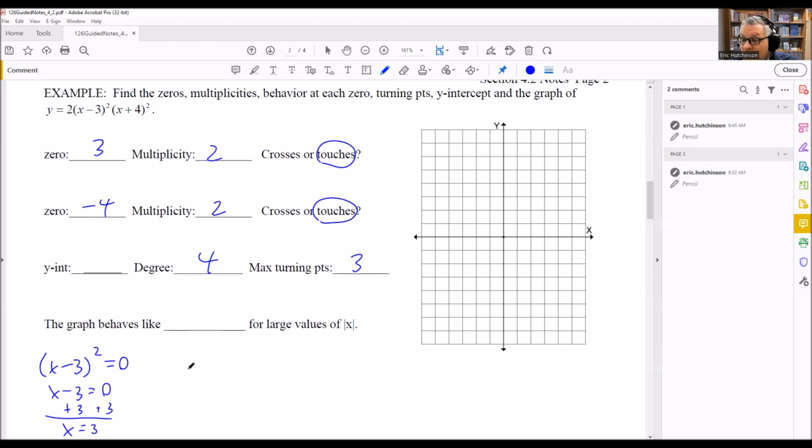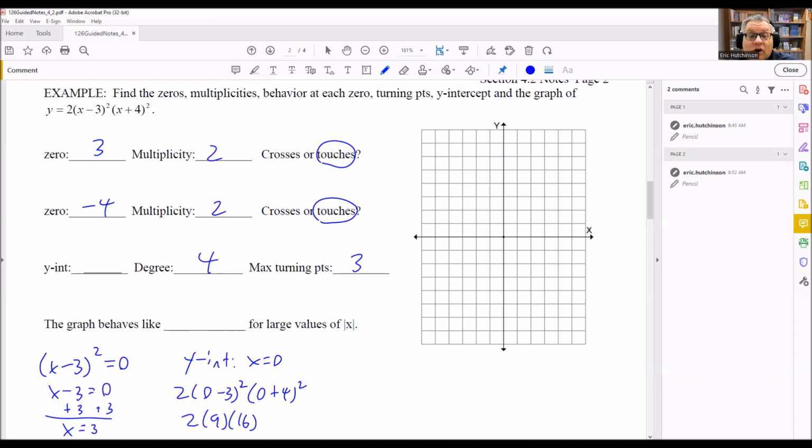The y-intercept, we're going to do that down here. Y-intercept is when you put in a 0 for the x. So I'm going to put a 0 in for each of these: 2 times 0 minus 3 squared and 0 plus 4 squared. So this one is going to be 2 times 9 and then times 16.